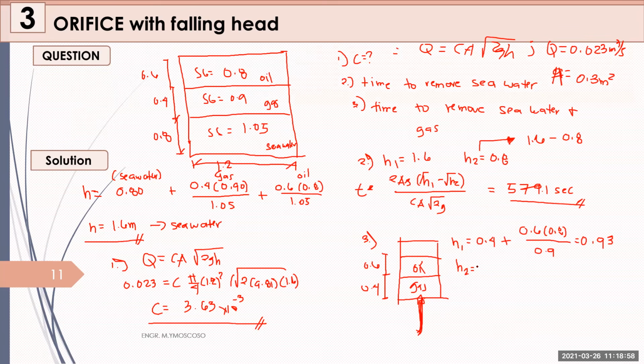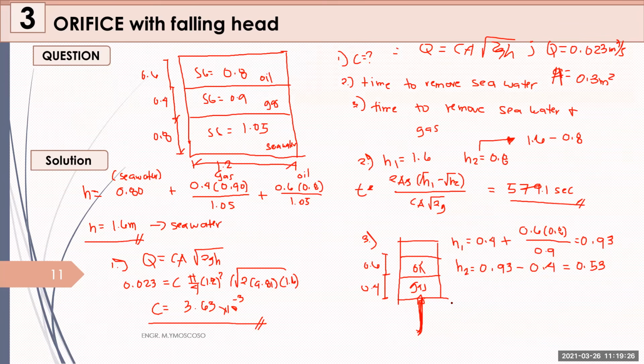So in this case, you have 0.93 minus the original height of the liquid, which is 0.4. Ganyan pala dapat. Sorry about that. Therefore, your H2 would be considered as 0.53. Okay, sana naintindihan. Again, yung H2 ninyo, it is a difference between the converted height of all of the liquids minus the original height of the fluid.